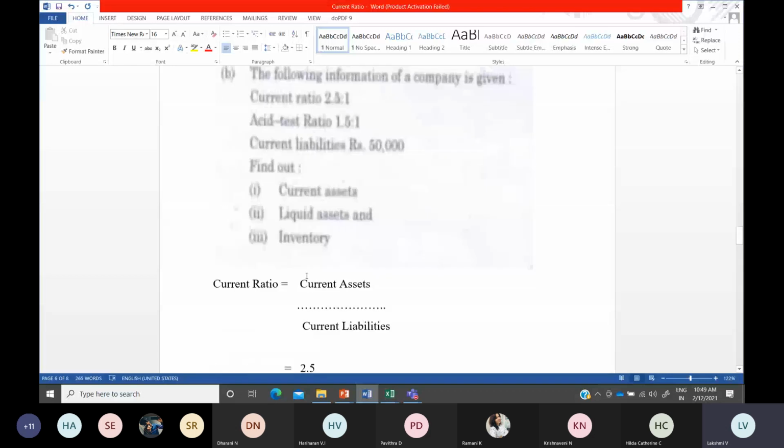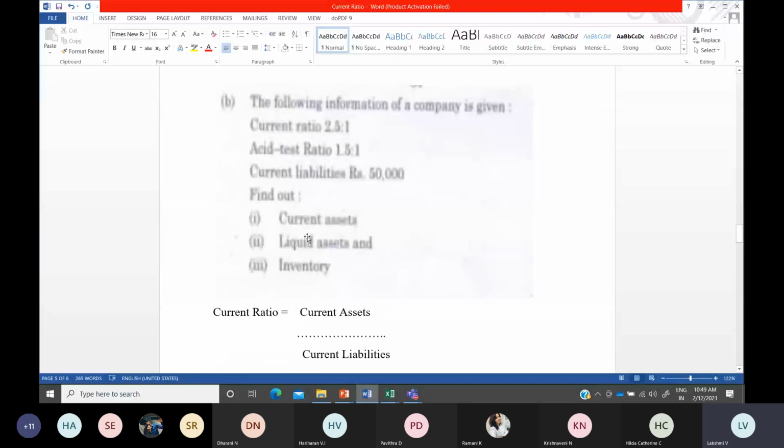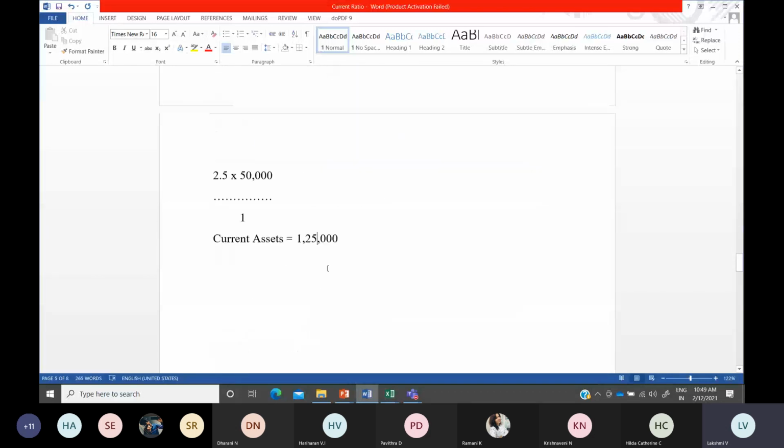What they asked, find out current assets, that is 1,25,000.